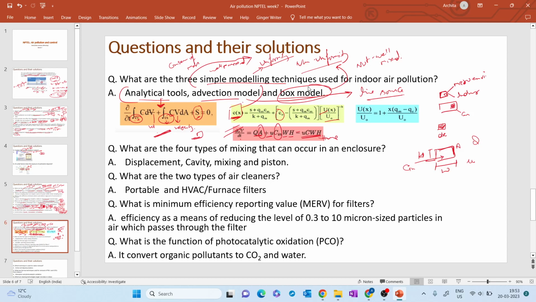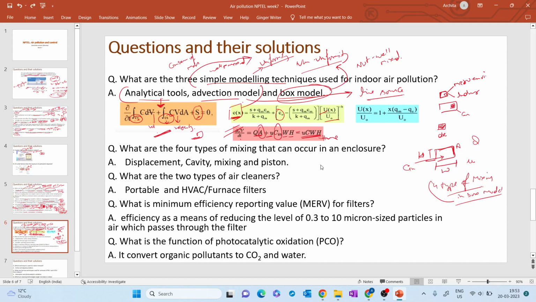And next, in the box model there are four types of mixing considered. Okay, so these four types of mixing are displacement, cavity, mixing, and piston.